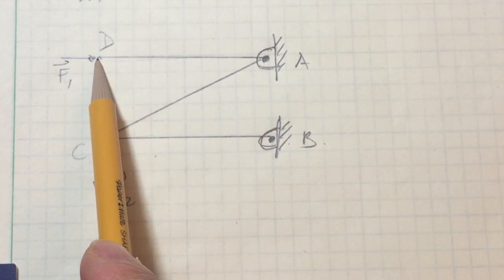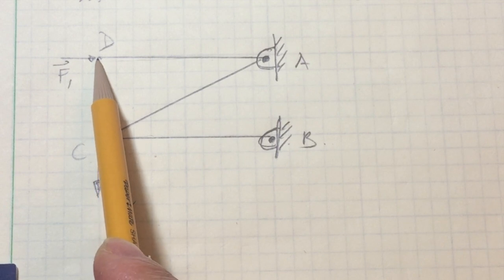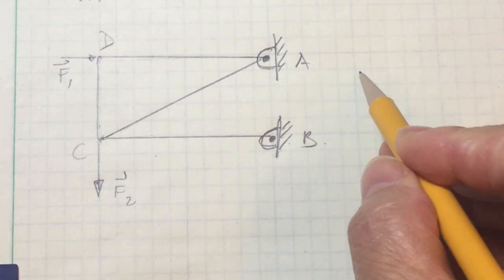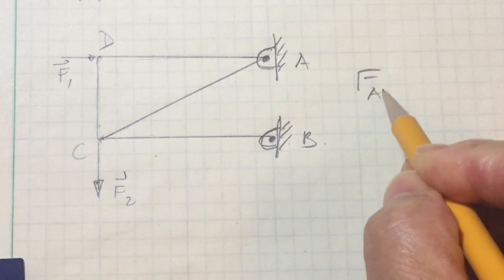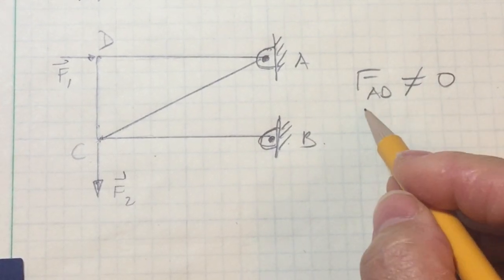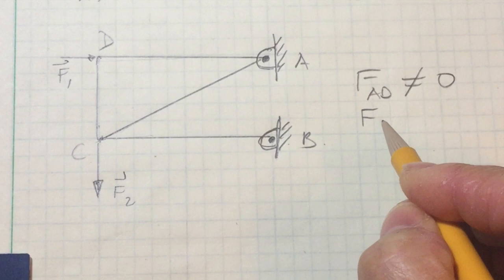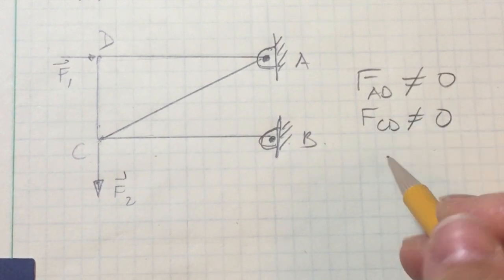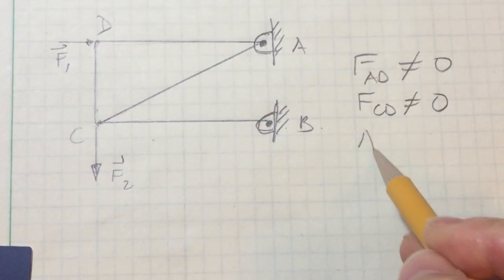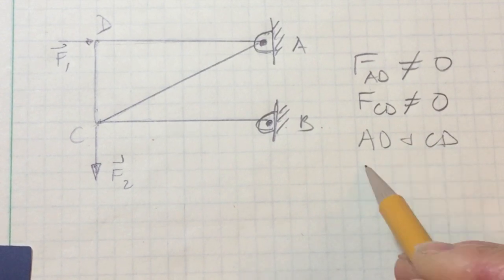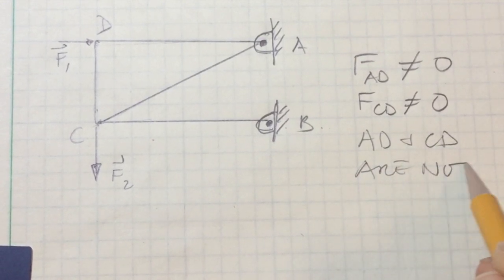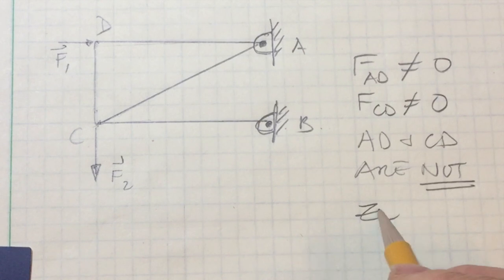However, a force is being applied at that joint, so the force in AD does not equal 0, neither does a force in CD. Therefore, AD and CD are not zero force members.